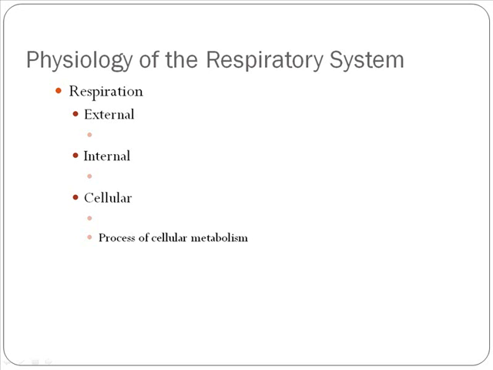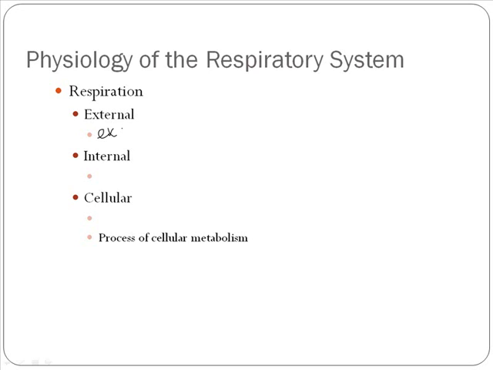So there are three types of movement of molecules. There's going to be external respiration, internal respiration, and cellular respiration. When we talk about external respiration, what we're actually talking about is the exchange of oxygen between the lungs and the outside air.